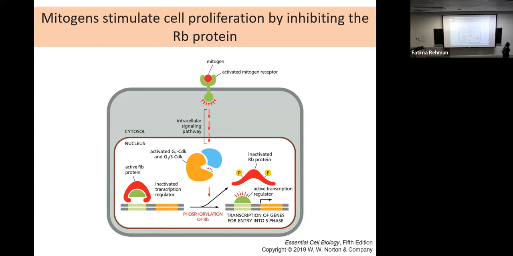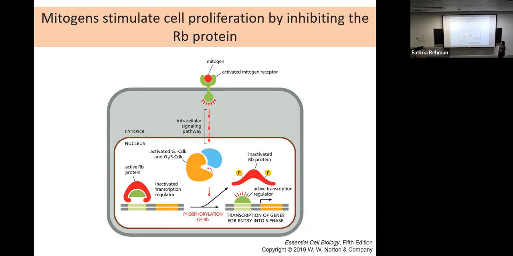So let's say that you did have a mitogen, and a growth factor bound to a growth factor receptor and activated it. It would send a signal inward through the mediator proteins, and it would activate the G1 CDK and the G1 to S transition CDK. Both of those are important for the cell to go into the cell cycle. Once they're activated, they would affect the cell cycle by translocating into the nucleus and activating genes related to synthesis of DNA, for example.